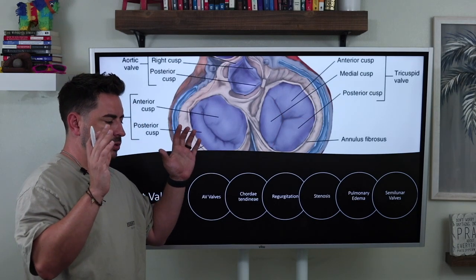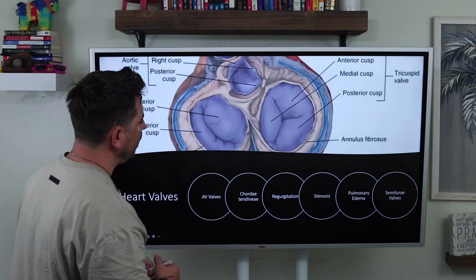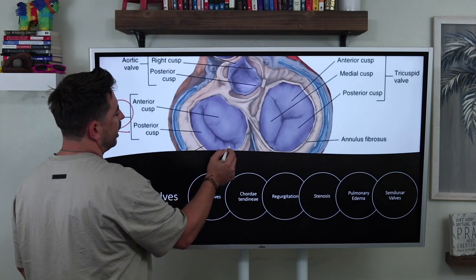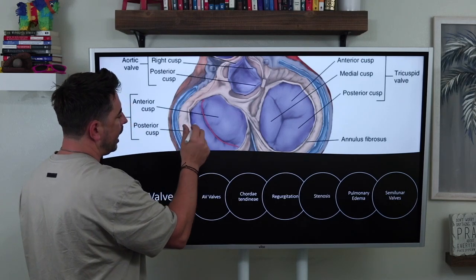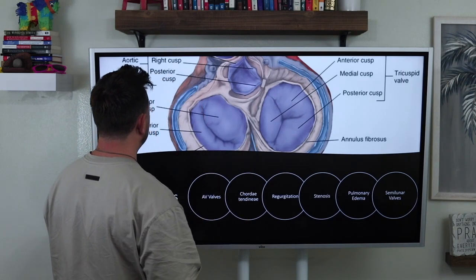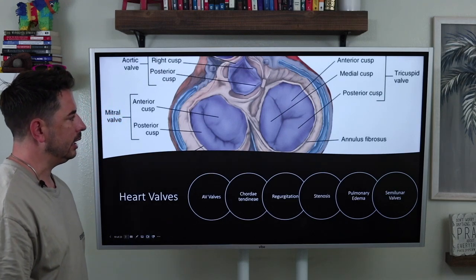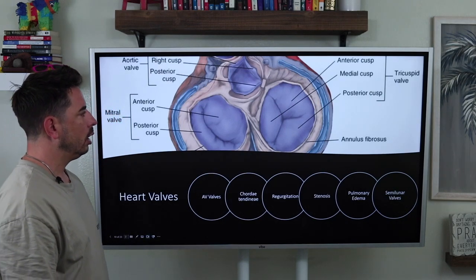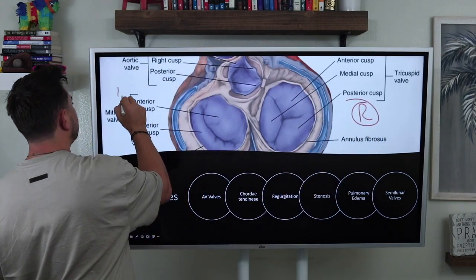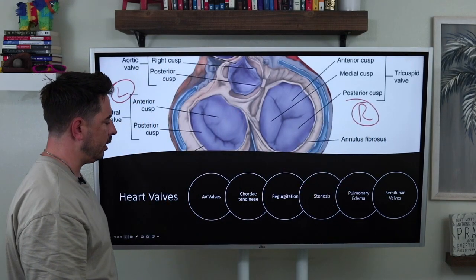And when those valves open, they allow blood in. When we look at the mitral valve, it only has 2 flaps. And when those open, it will allow blood into the left heart. So tricuspid is for the right heart, mitral valve or the bicuspid is for the left heart.